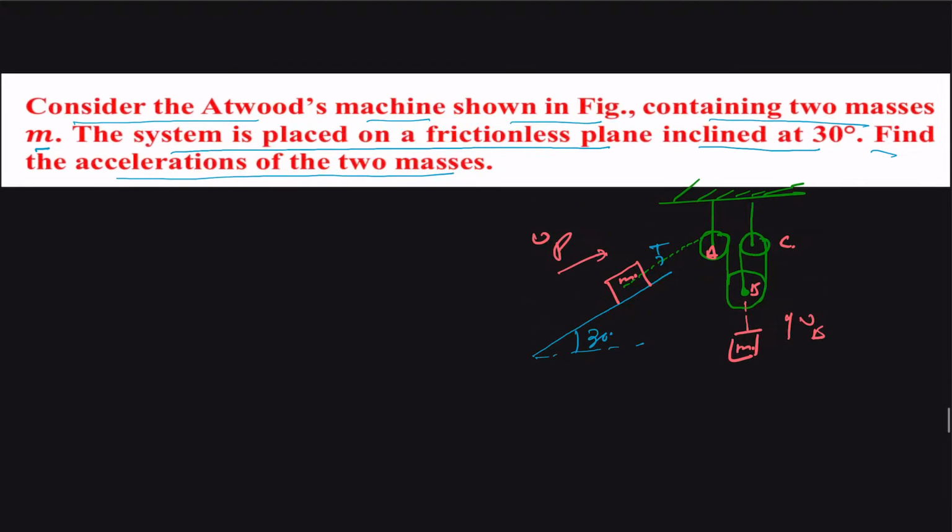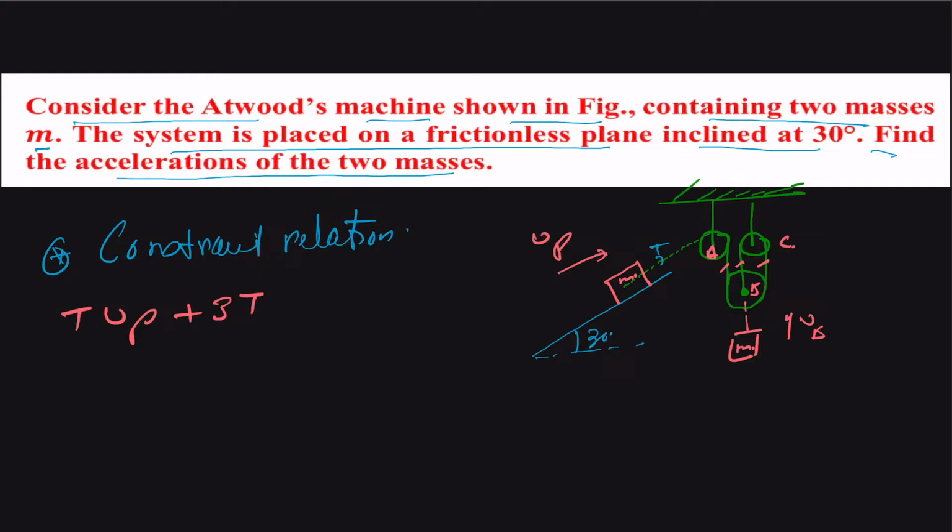So for the constraint relation, we can write that T times V of P plus, and we are having 1, 2, 3, so this is our 3 times T, V of B is equal to 0.